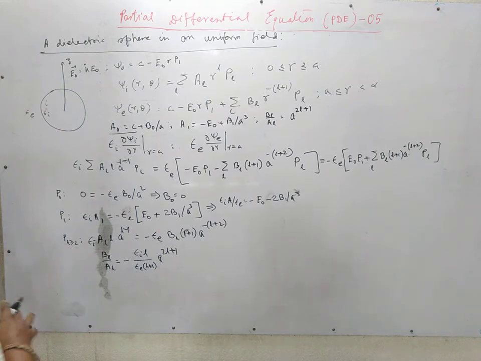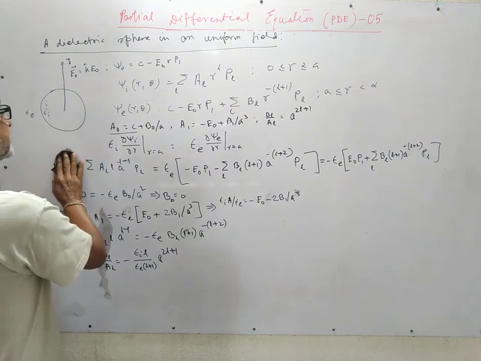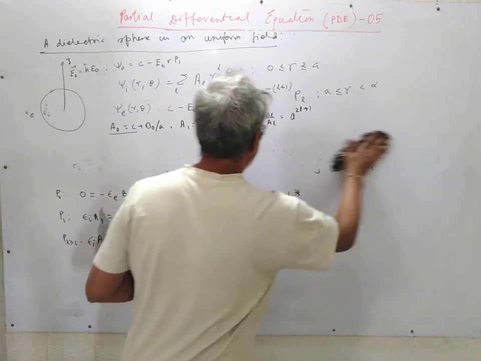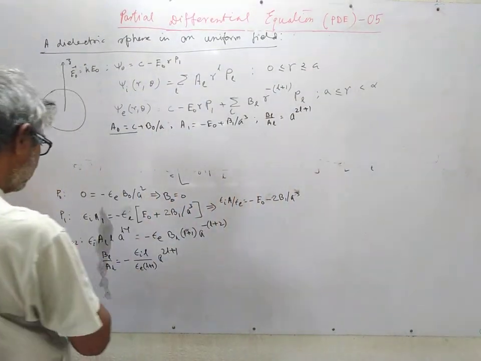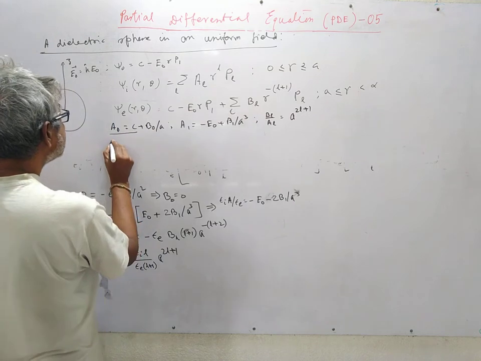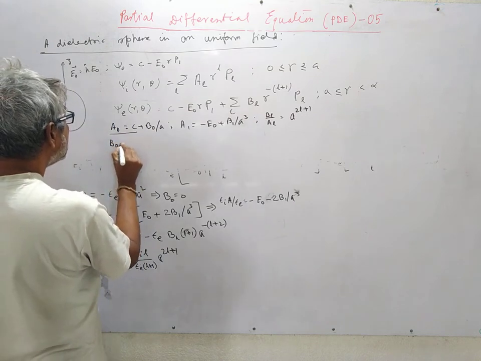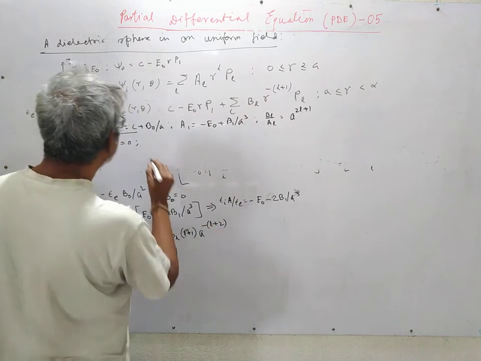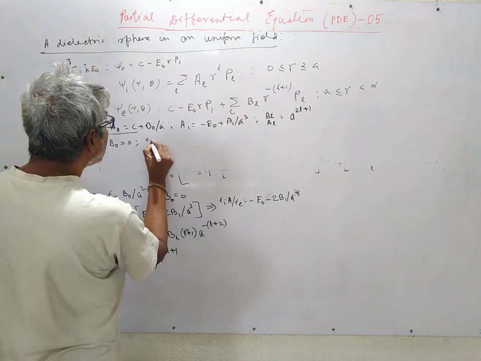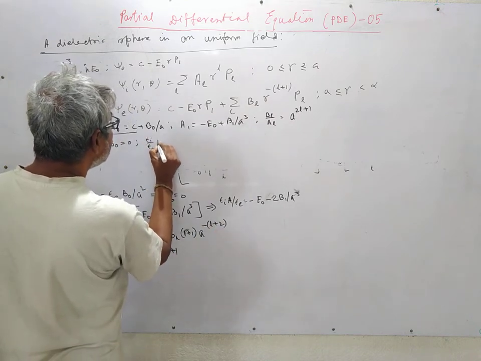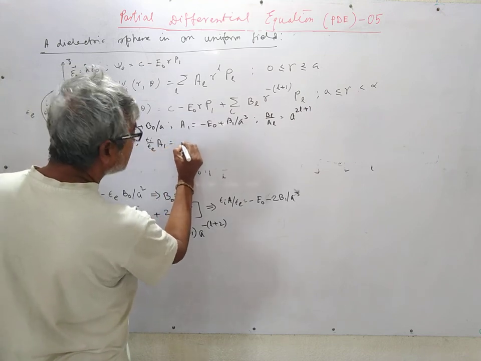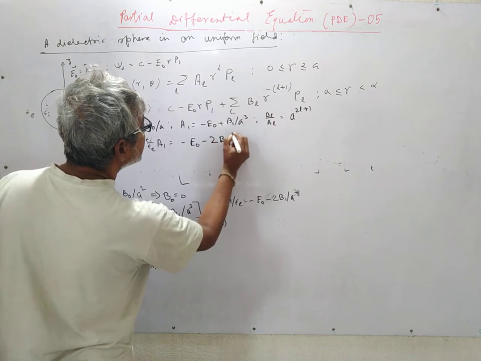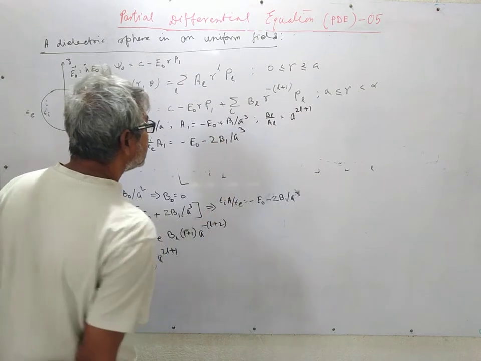So we write the other three relations. First thing is B0 is 0. Then we have epsilon I by epsilon E A1 is equal to minus E0 minus 2 B1 by A cube.